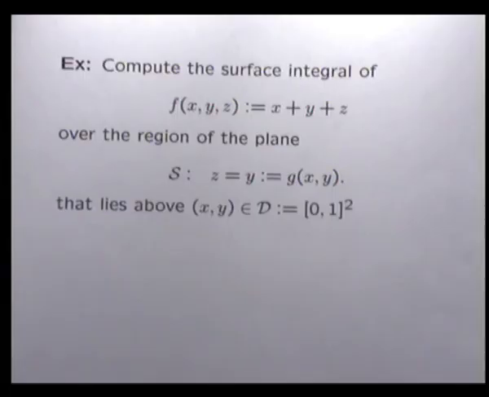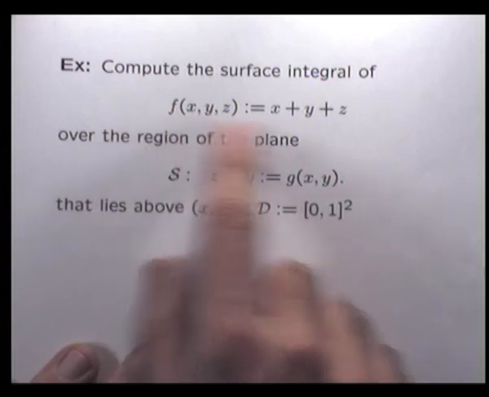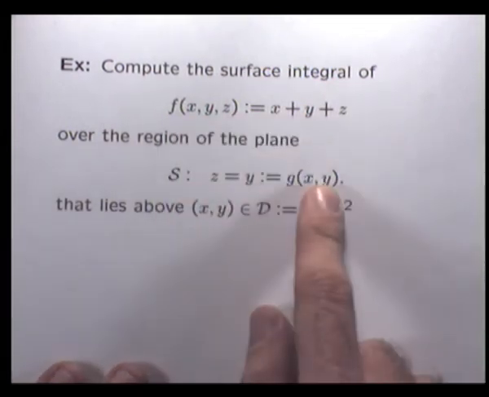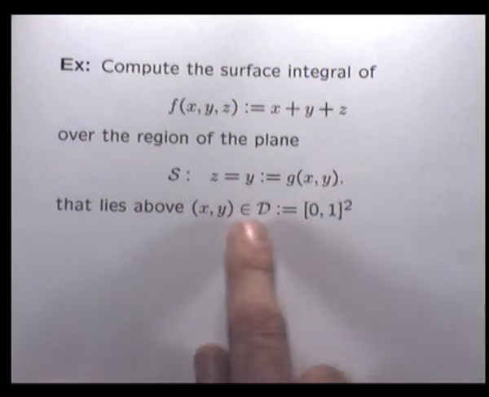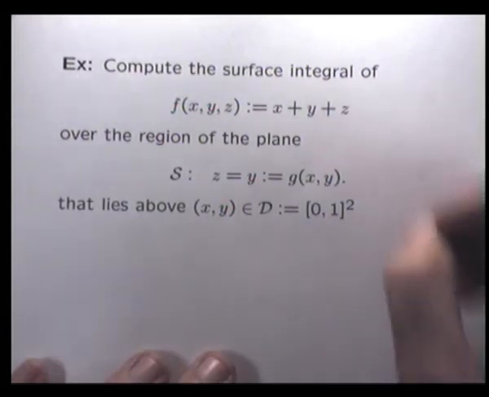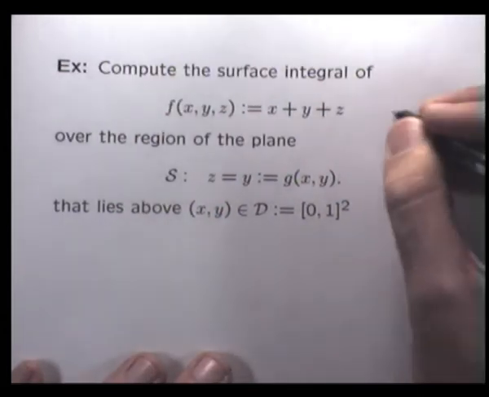Let's see what we've got here. We're given some scalar field, a surface, and the parameter domain. So let's actually have a look at what's going on.